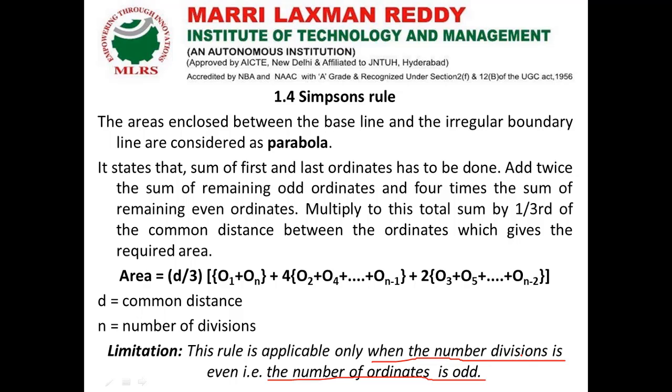So if we have an even number of ordinates, then for the last two ordinates we have to calculate the area with the help of the remaining three rules, that is either mid-ordinate rule or average ordinate rule or trapezoidal rule.